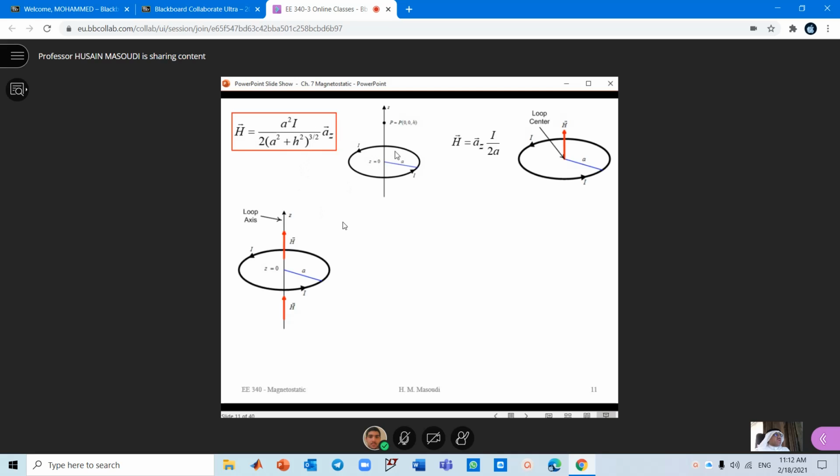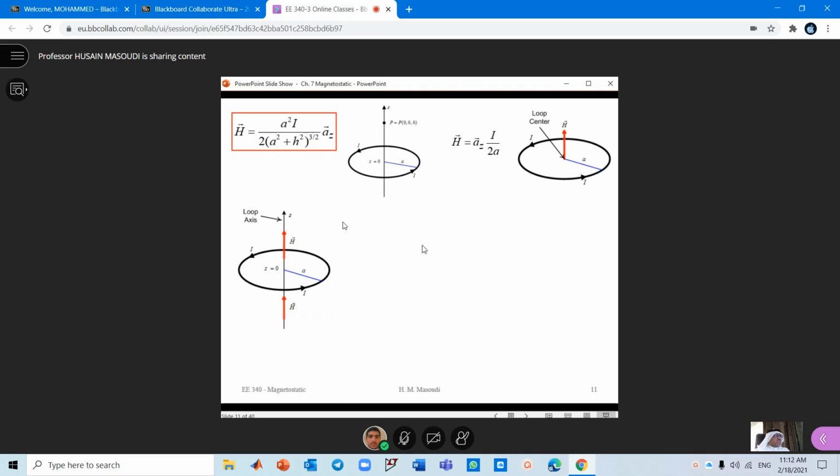But how about if I want to measure the magnetic field somewhere else, not along the axis? Then this expression is not valid, because it's only valid for points along the Z-axis. Because we killed the symmetry, remember? If you go outside, you don't have a symmetry, so the rho component will be there.